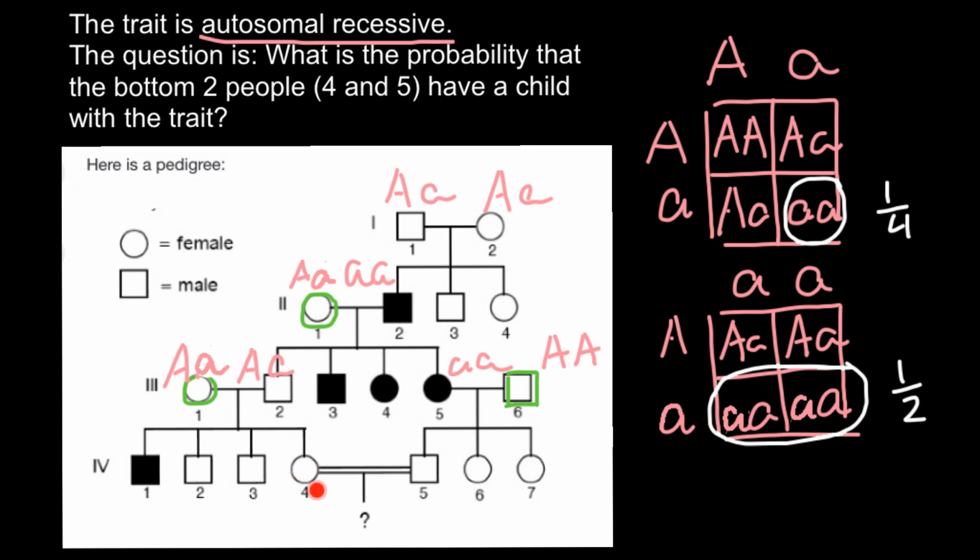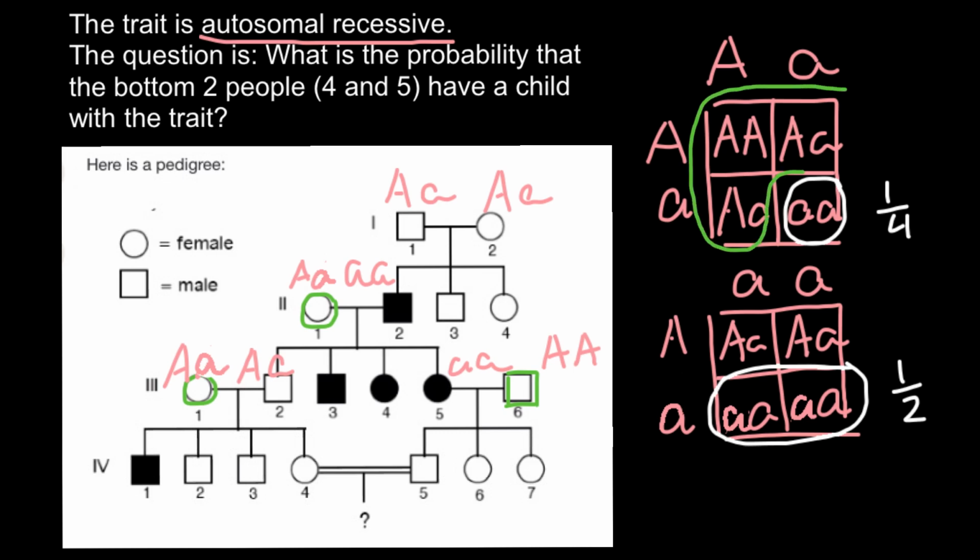Only if they were phenotypically normal but carriers, there is a chance that they would have an affected child. So the probability that this person number 4 is a carrier would be 2 out of 3. So this person belongs to this category.